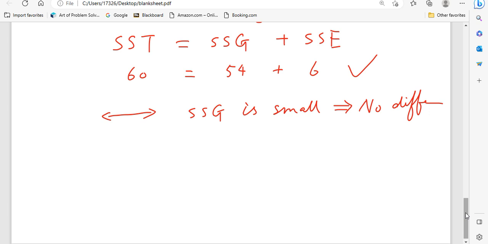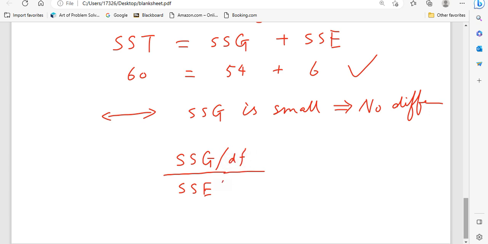So we need to use this. Here we just want to check whether this is a big number or small number. So we want to standardize this. So we divide by SSE, relatively. We just standardize. And also here we need to divide by the degree of freedom.